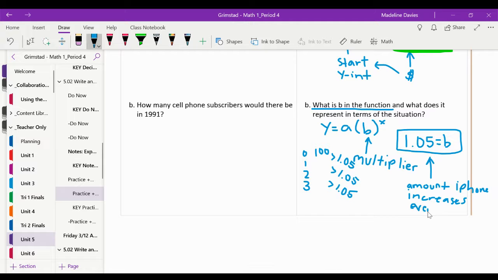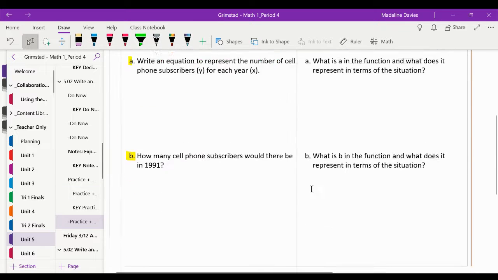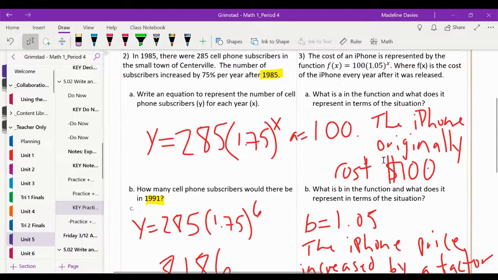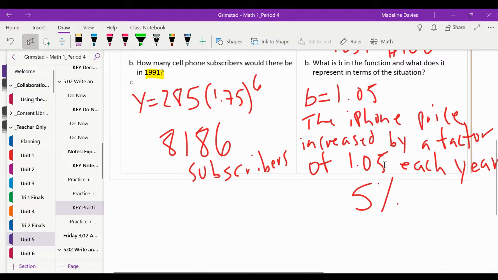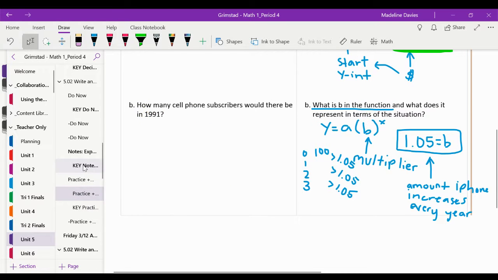Every year. So it increases by 1.05, so the number times 1.05 every year. Let's see if there's some different language for that. 1.05. Okay, so by a factor of 1.05.